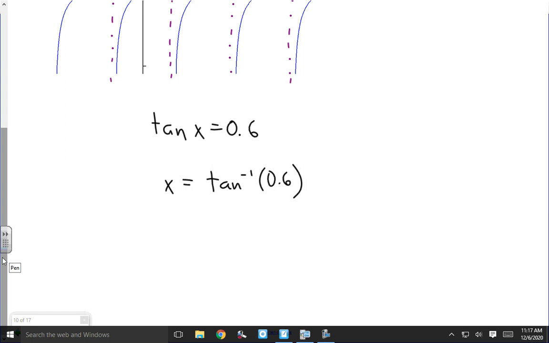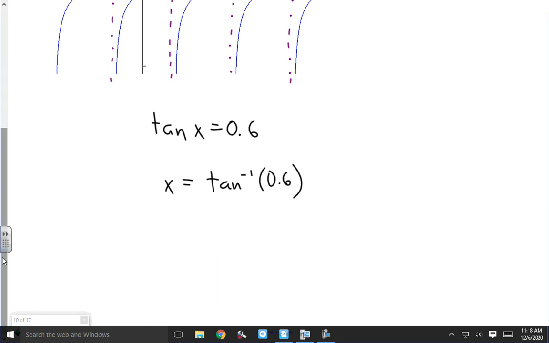And to do that, you got to go back to the definition here of our inverse trig function, and in particular, the restriction that we put on the original function tangent so that the inverse function was a function.